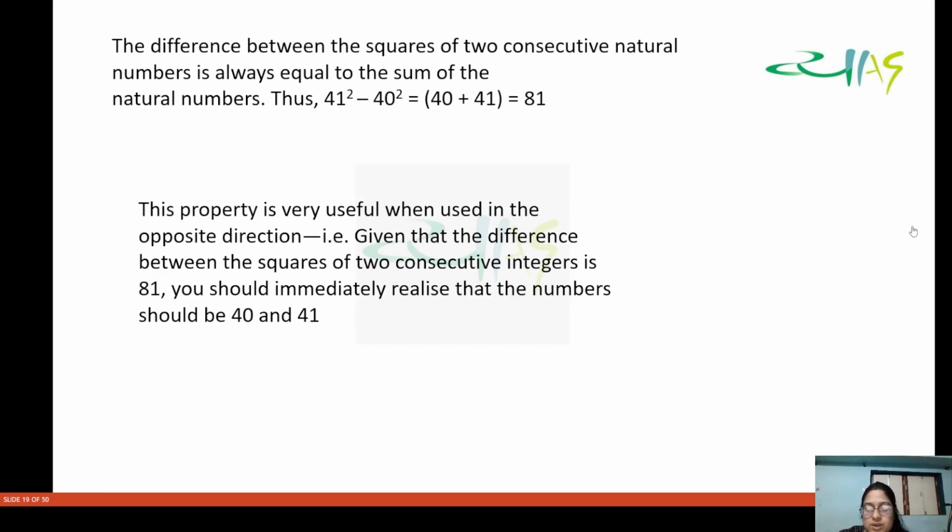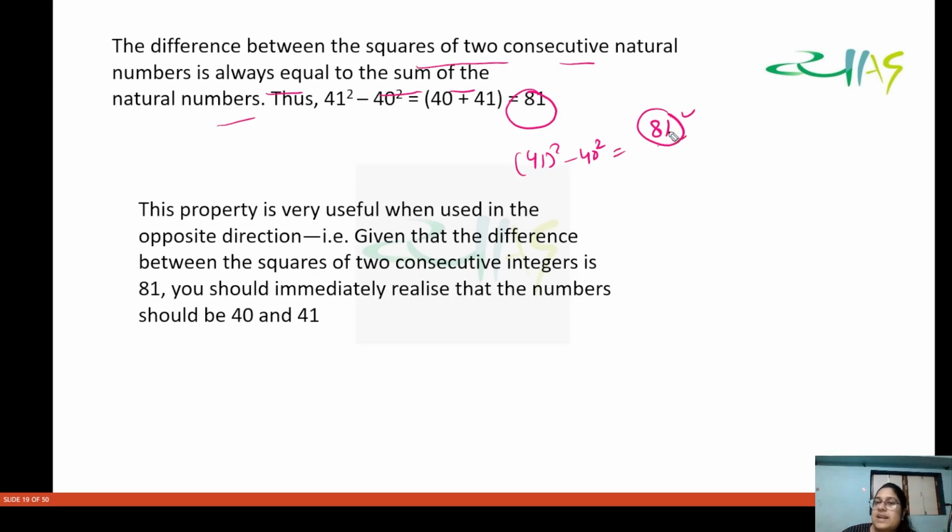See guys, try to understand this concept. It is saying the difference between the squares of two consecutive natural numbers is always equal to the sum of the natural numbers. So let's say we have 81 as the difference between the squares of two consecutive natural numbers.